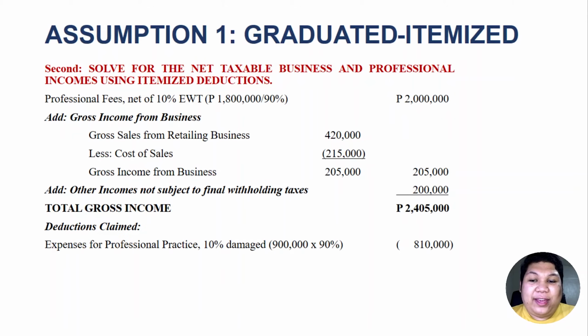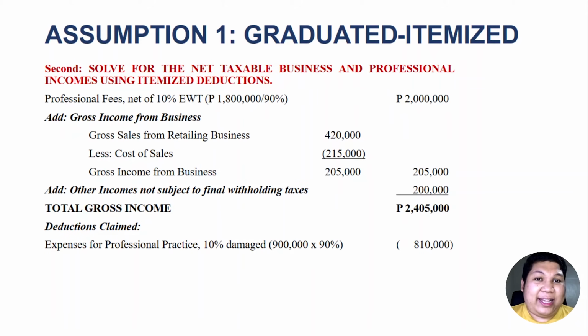And after we have computed the gross income, we can now deduct the deductions claimed. And we have here expenses for professional practice. And take note that in our problem, the amount was 900,000 pesos. But out of that amount, 10% of the receipts were damaged. Therefore, the deductible amount is only 90%. Okay? Because the 10% there is non-deductible.